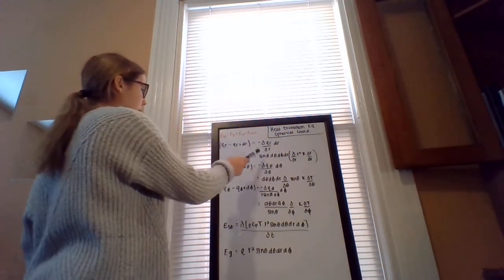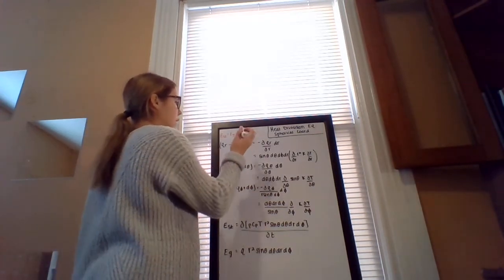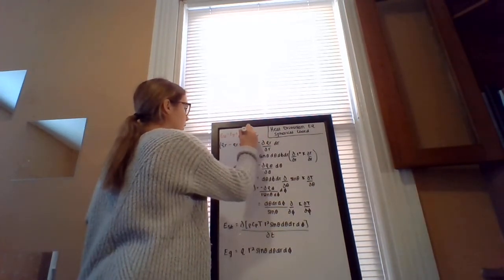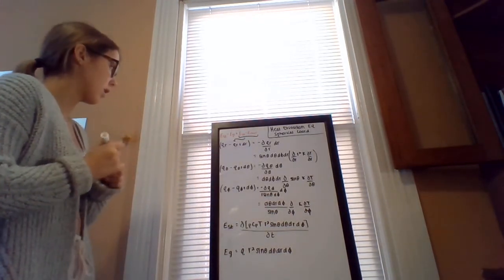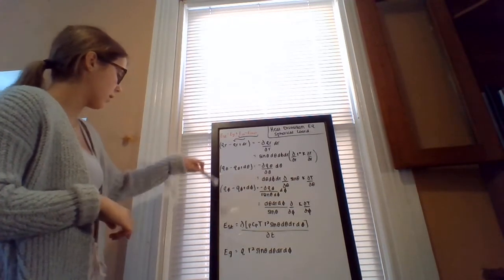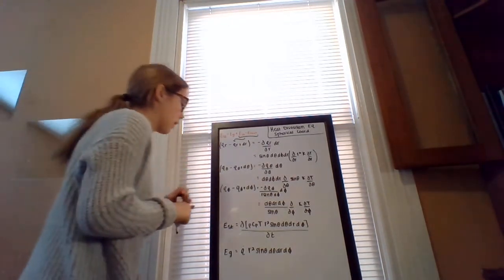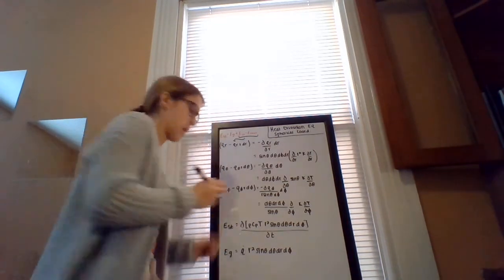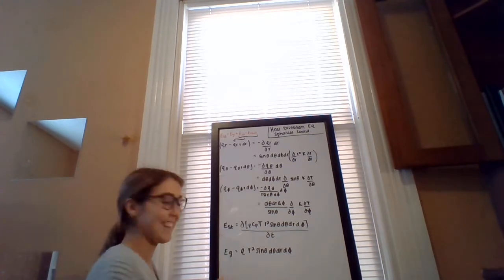So from here, you can plug all of these back in because this here is your energy in minus energy out for r, theta, and phi. And then you have your energy generated here, energy stored. You plug all of that back in. And let's see if I can fit this all in here.